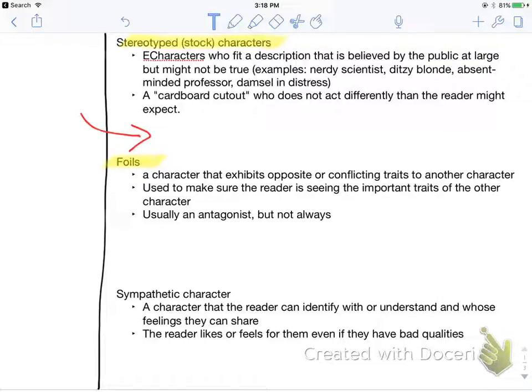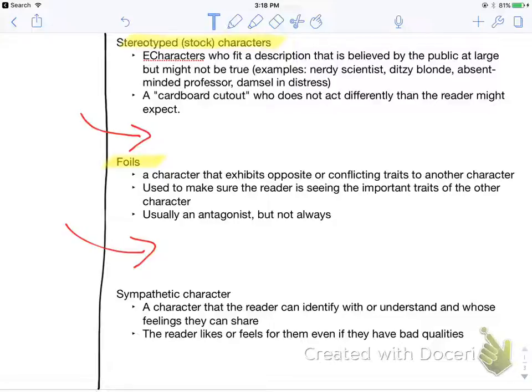A lot of times, a foil is an antagonist, like a bad guy being set up against a good guy. It doesn't always have to be that way, but that does happen a lot in stories. And then when you get to the bottom of this and you're finished taking notes, make sure that you leave a little space down here so that we can find out if there are any foils in the story.